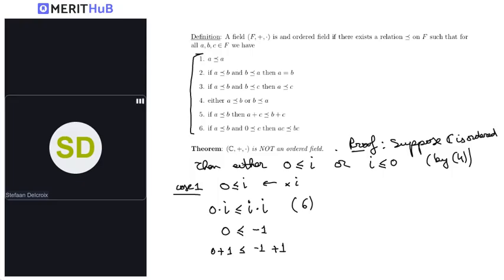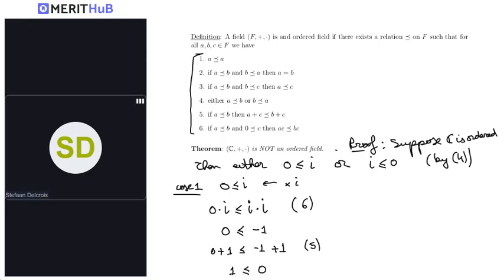Which property says I can do this? 5. 0 plus 1 is 1. -1 plus 1 is 0. So 1 is less than or equal to 0.